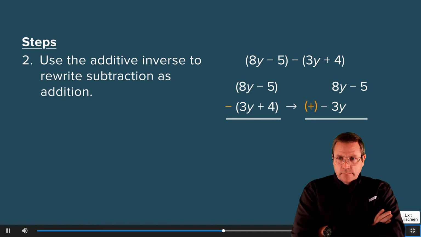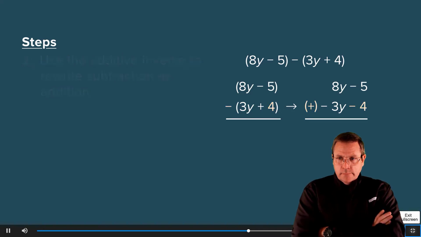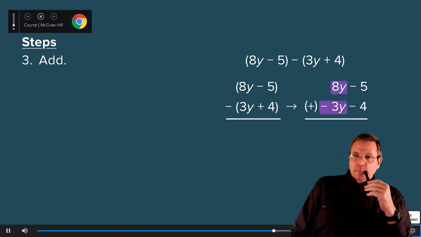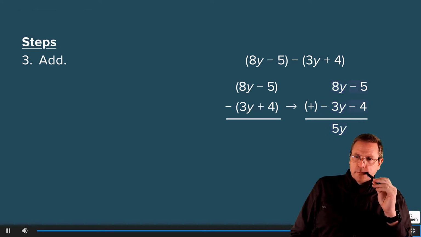And the additive inverse of 4 is negative 4. Next, add the like terms in each column. Add the like terms with variables, then add the constant terms. You have now found the difference of the original expressions.